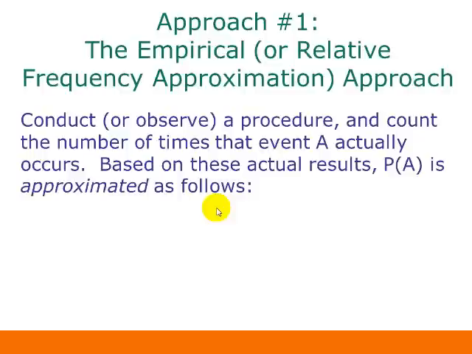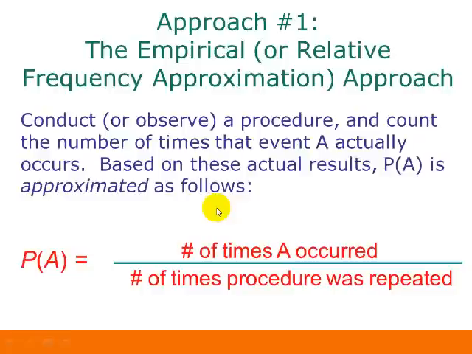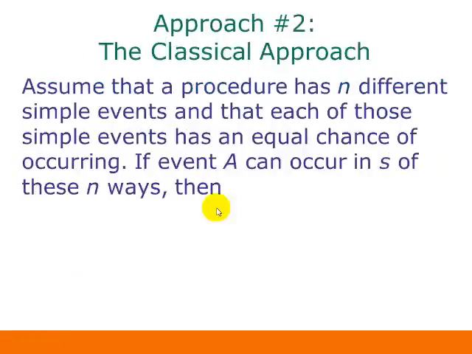Based on these actual results, the probability of A is approximated by looking at the number of times event A actually occurred and dividing that by the number of times the procedure was repeated. This is why it's also called the relative frequency approximation approach, because what we're finding is the relative frequency of event A.